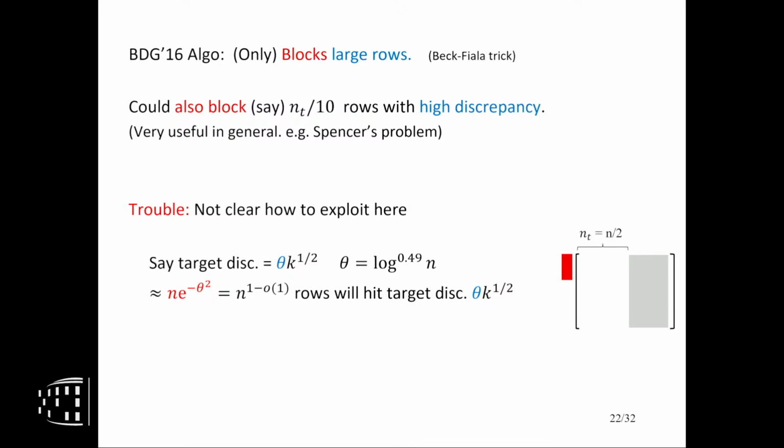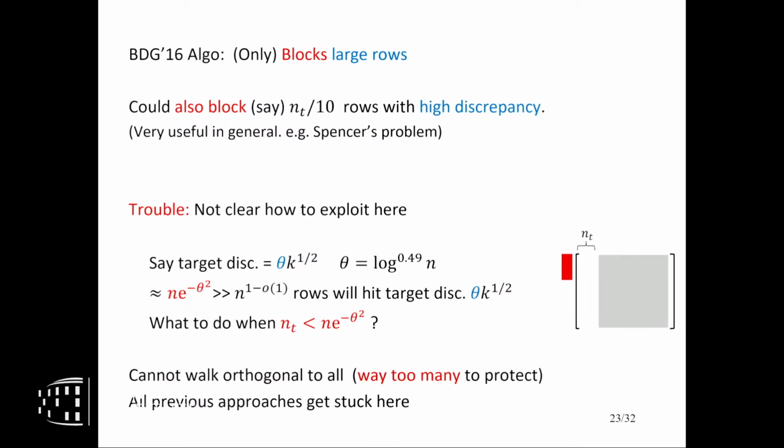I'll keep going and walk orthogonal to all of these. I can afford this, no problem. But what can happen is, at some point, your n_t will fall below this thing, so this width is less than this. Now what? I have to let some people go. I can't protect all these people who have hit their limits. I can't afford to protect them all. And now what do I do?